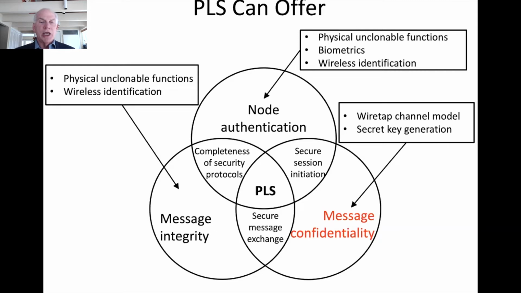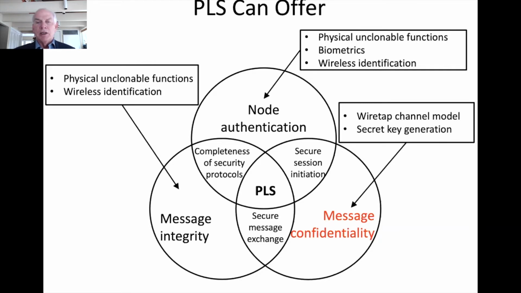Message integrity is also the same thing, trying to identify hardware by looking at physical aspects in the message that are unique to given devices. There's also message confidentiality, the thing that would be handled by encipherment in a traditional system. And that's what I'm going to talk about today.